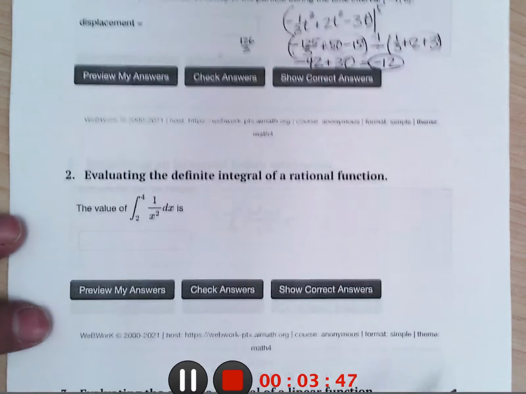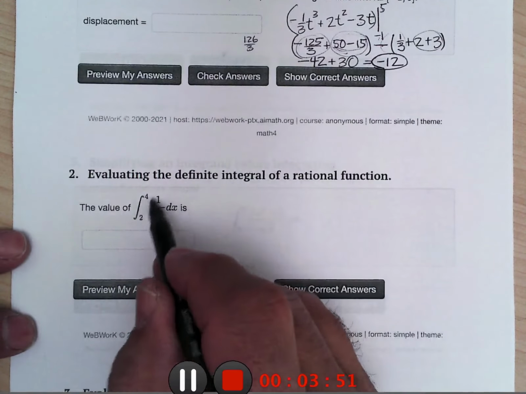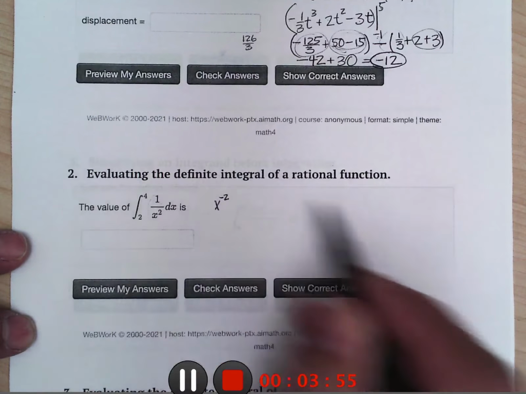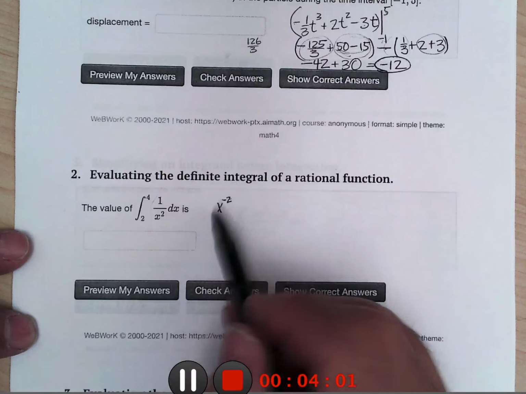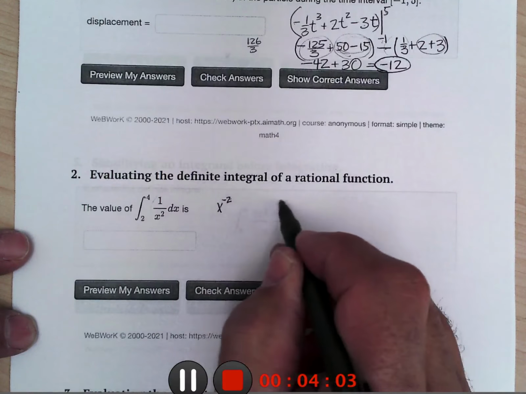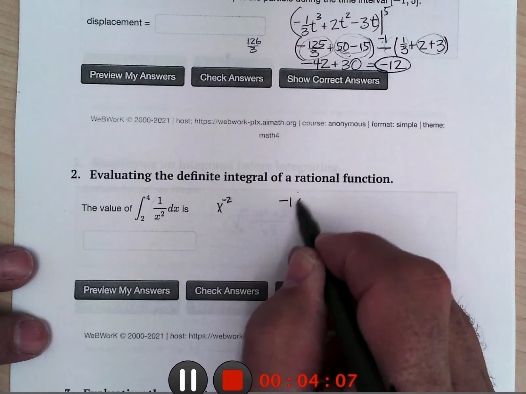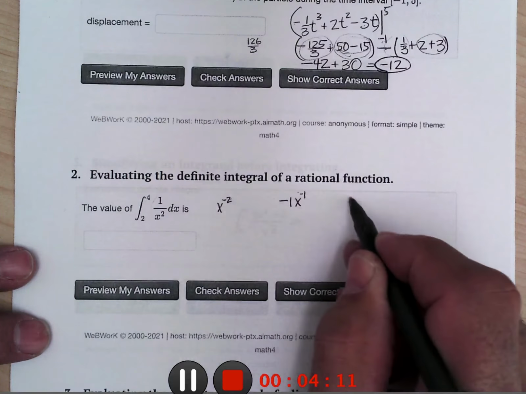This one. So this 1 over x squared is x to the -2. So the antiderivative, if I add 1 to -2, I get -1, and I divide by -1, so I get negative 1x to the -1, which is the same as -1 over x.